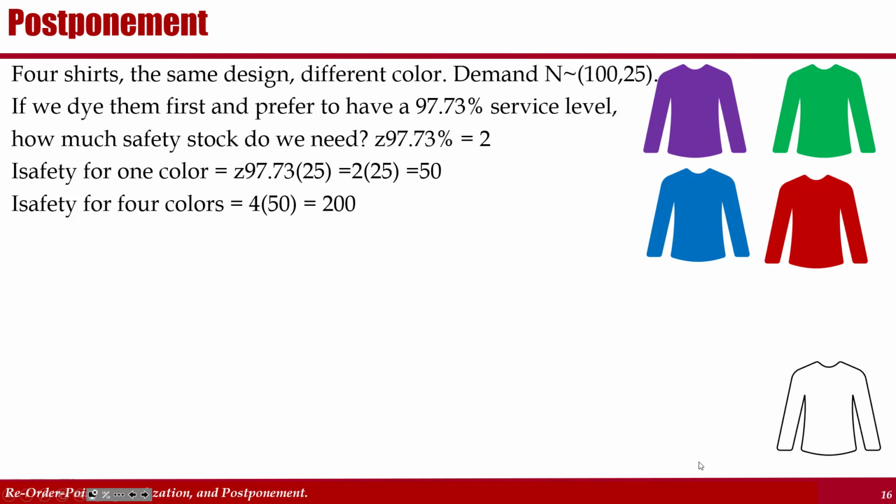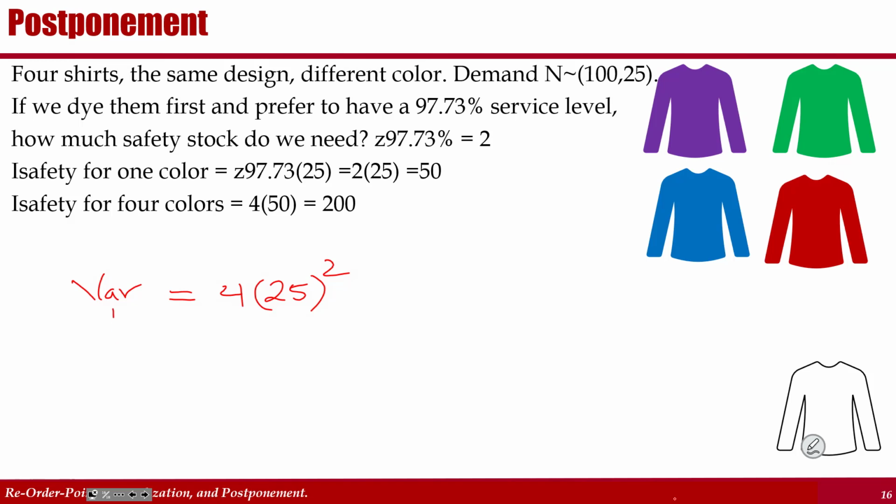It would be the variance which will be multiplied by 4. Therefore, variance for each of these products would be 25 squared, and then we have 4 of them. And that is the variance of the summation of these.